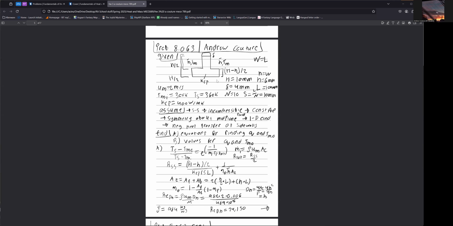Now, what we're asked to find is equations for finding q and Tm,o, the outlet temperature for the fluid, and then using values to actually calculate that out.